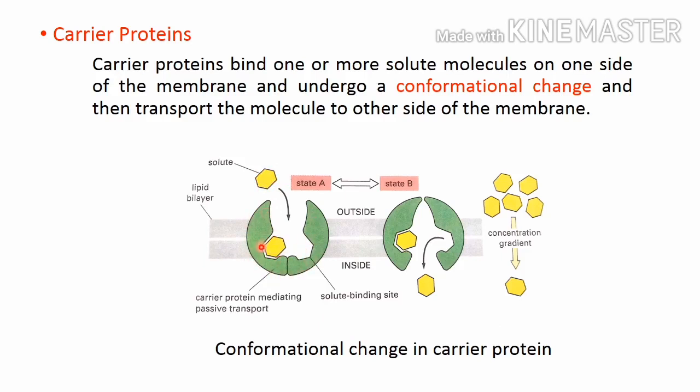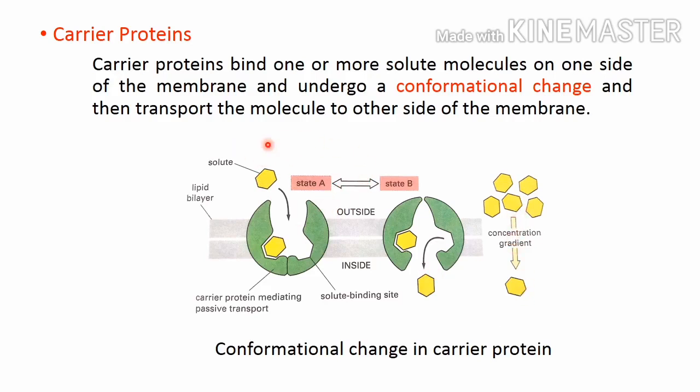We can see that the carrier protein has a certain binding site for these solute molecules, and after binding, the carrier protein changes its conformation and then transports these molecules to the other surface of the plasma membrane, and these molecules are transported down their concentration gradient.